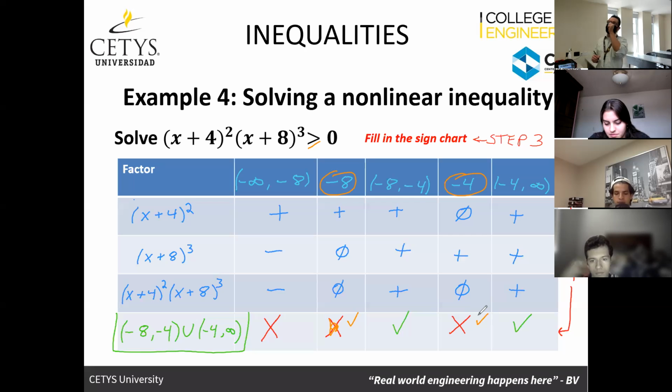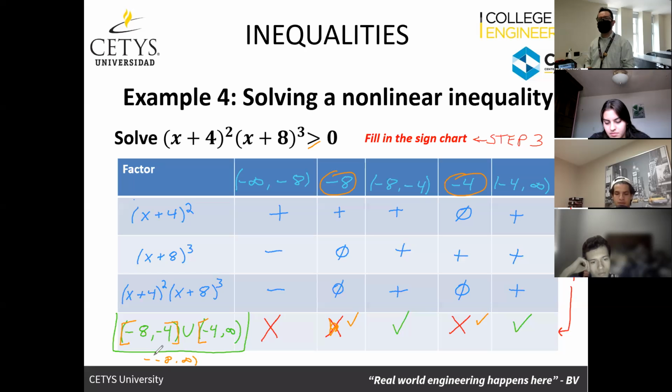If that would have been the case, then those values that are included in the extremes, we put them in brackets instead of parentheses. So if this would have been the case, then we would have said, and actually, since it's including the 4, we could have just said that this is from -8 to infinite.